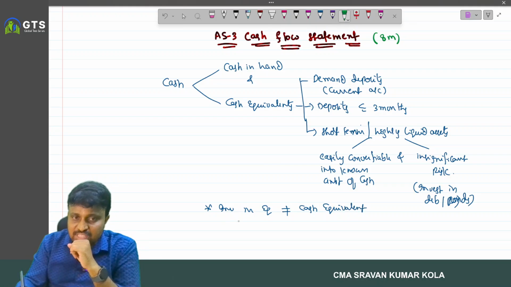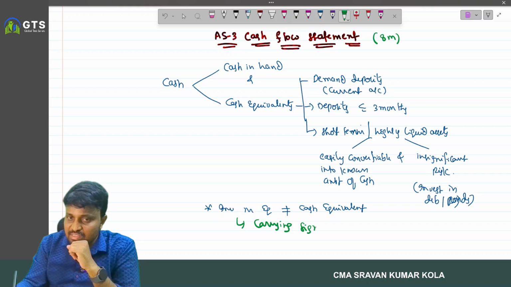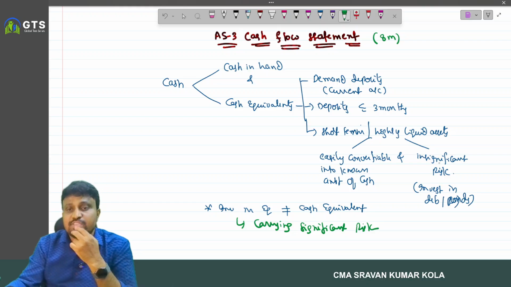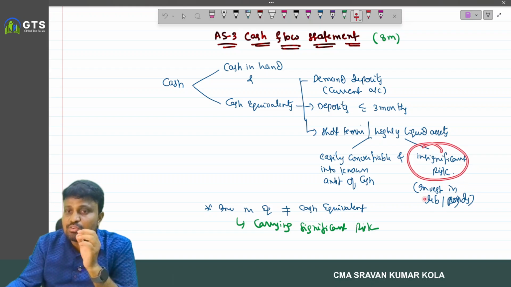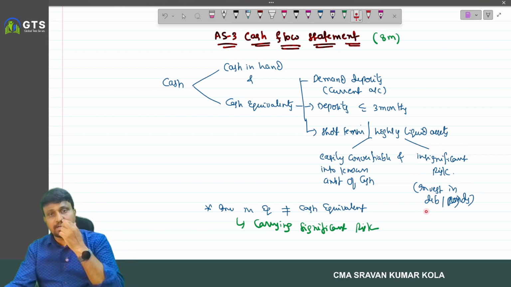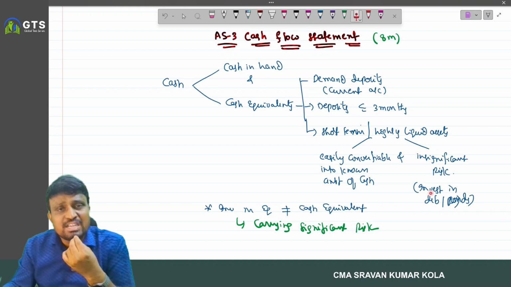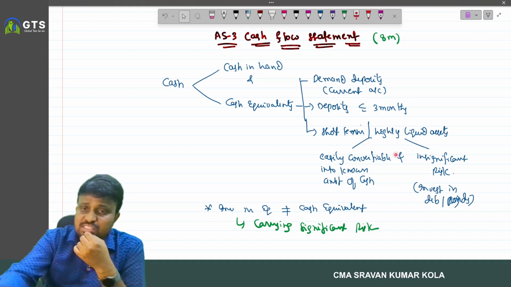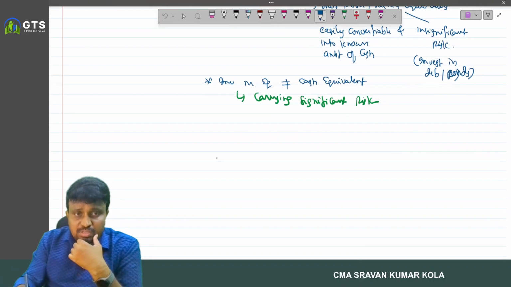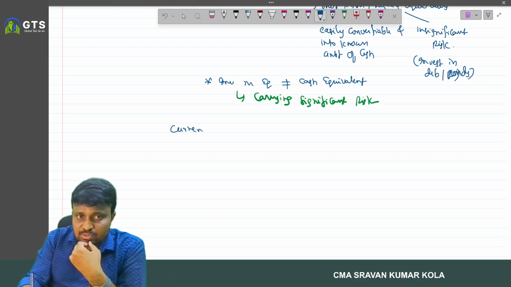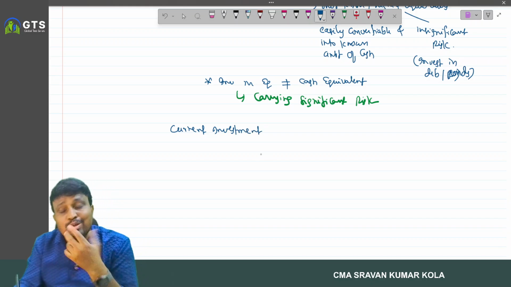Why? Because it is carrying a significant risk. Only if it has an insignificant risk is it covered under cash equivalent items. Even current investments: shall we consider a current investment as a cash equivalent item or not?